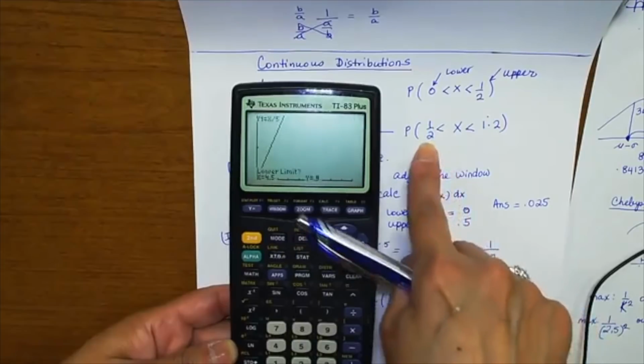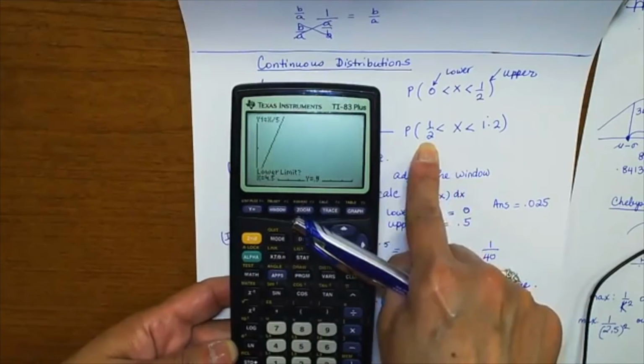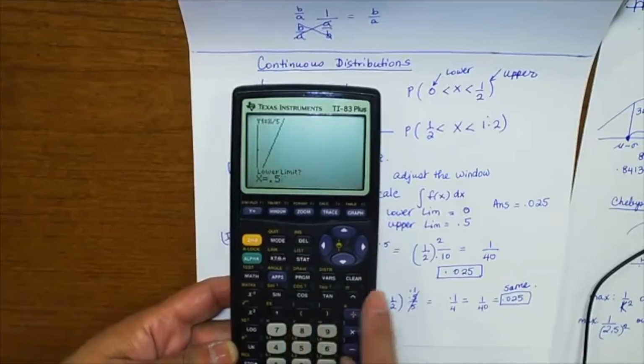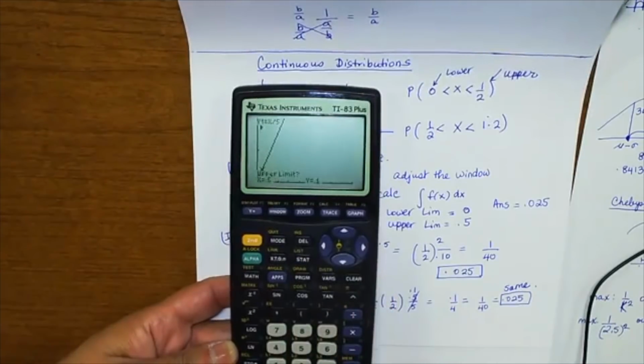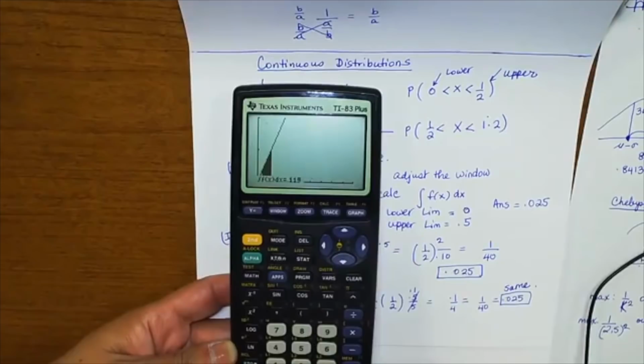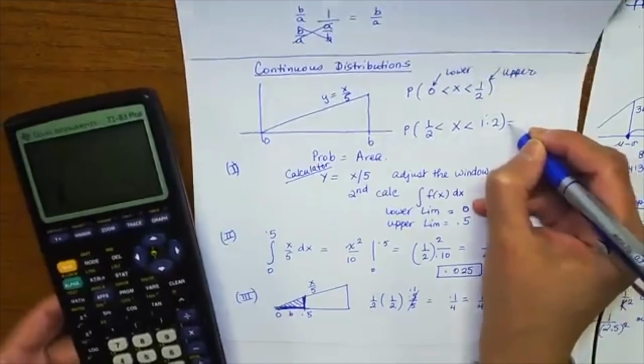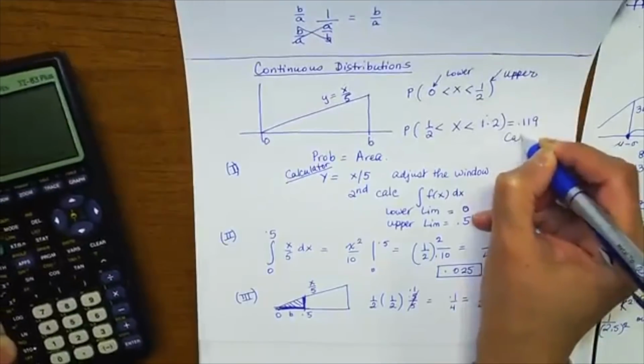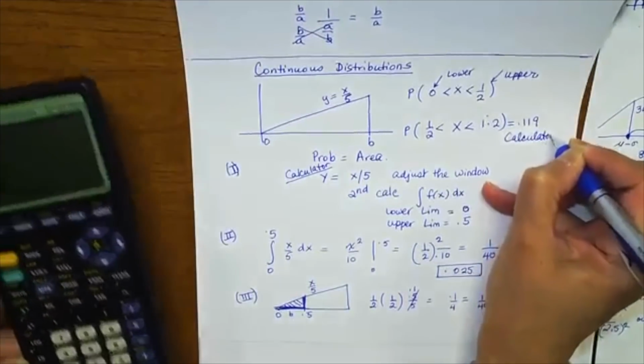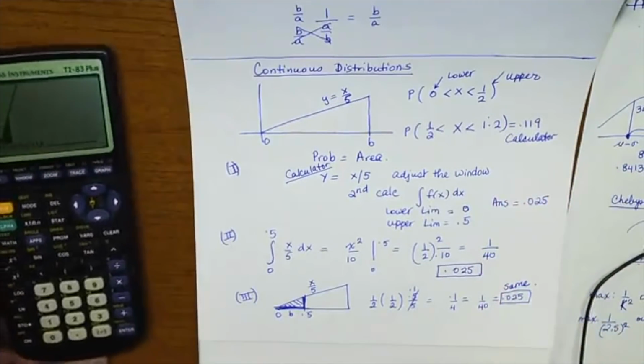Lower limit, I'm here, right? Lower limit is 1/2, 0.5. Enter. Upper limit, 1.2. It shades it, and it spits out the answer of 0.119 on the calculator. Get it?